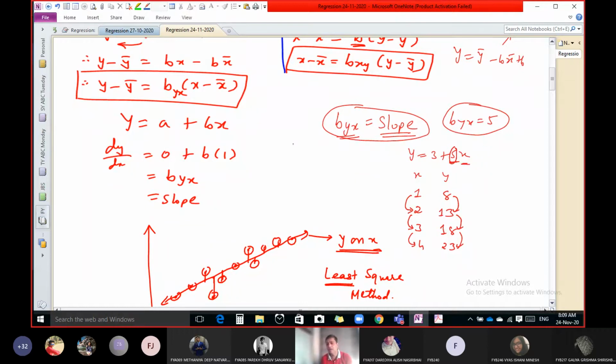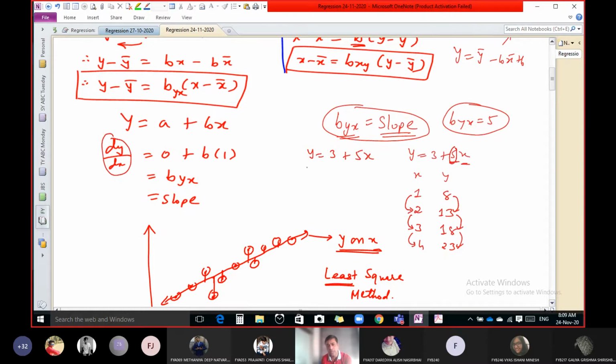Okay. Now, if you remember, this is the symbol. Do you know the meaning of this symbol? dy by dx? It is the derivative of y with respect to x.